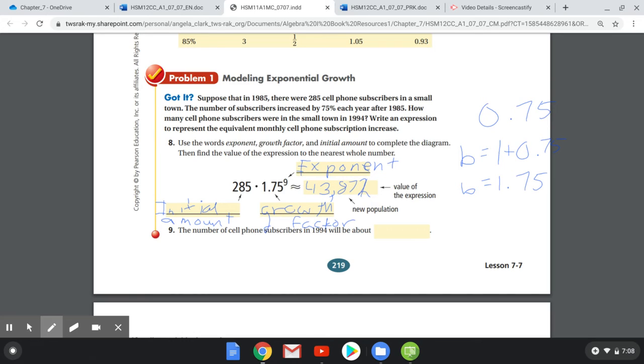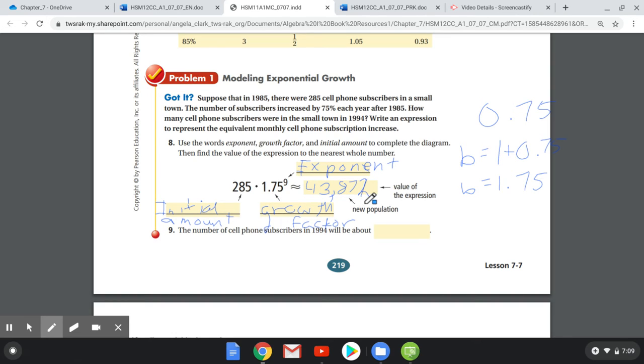If this represents people, then I have to round to the nearest whole number because I can't have a fraction of a person; that doesn't make sense. So I rounded this up to 2. So it's 43,872 people.